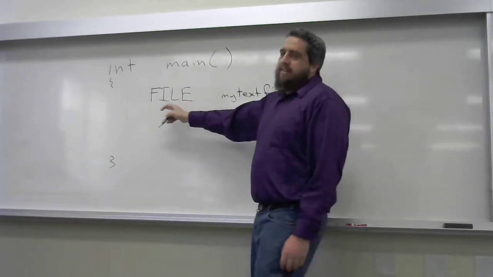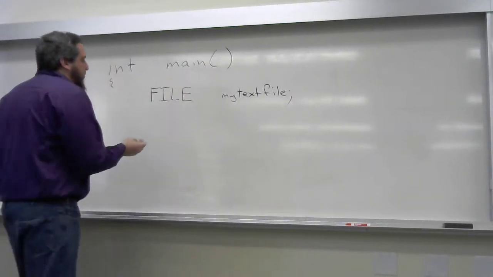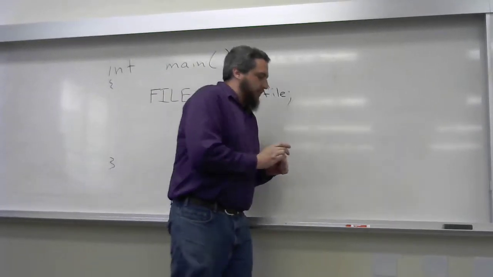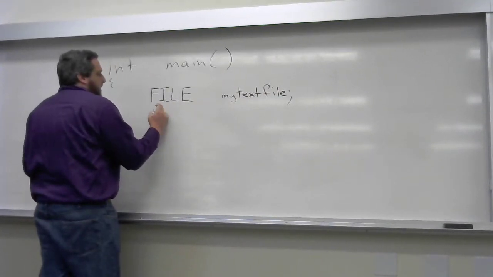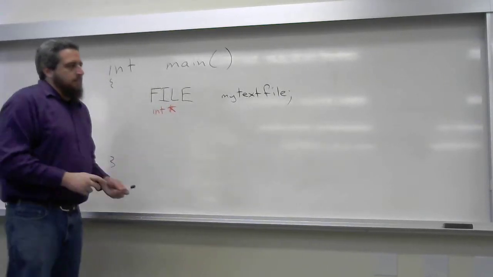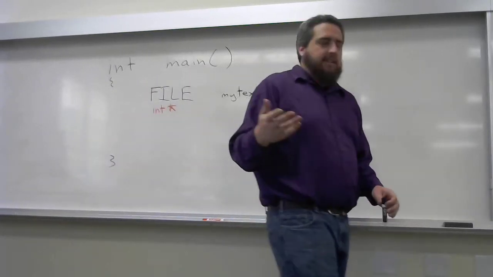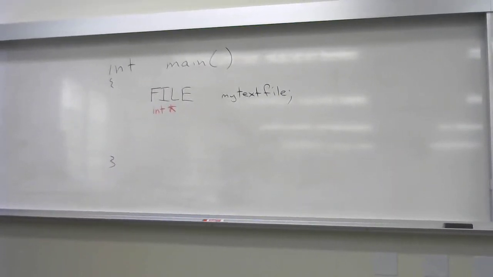Now when it's all caps like this, it's hiding inside of it the fact that FILE is actually an integer pointer, but that doesn't particularly matter. You can think of this as an integer pointer. Whether or not they keep it as an integer pointer or as an integer doesn't particularly matter. We'll talk about why that doesn't matter as well.